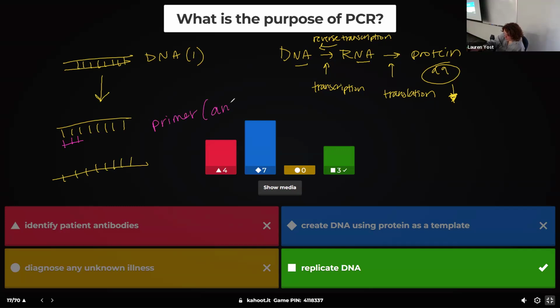In the annealing step. And if the primer binds, then we can add on nucleotides. You can't add nucleotides to nothing. You have to add them on to the edge of something else. So this part here is the extension step or elongate step, however you want to word it.